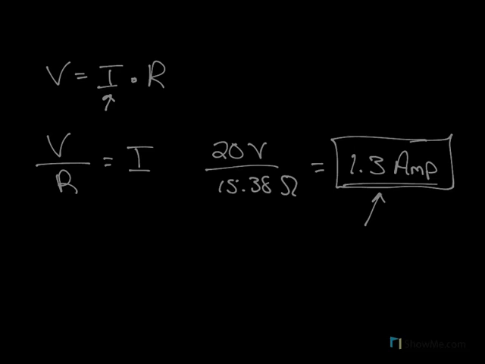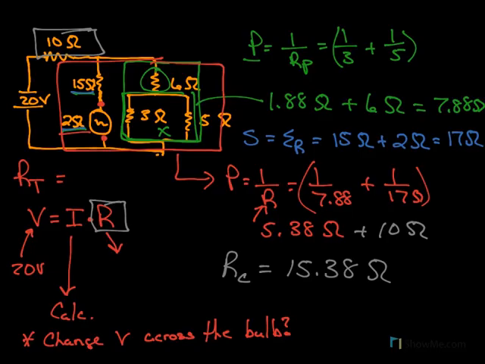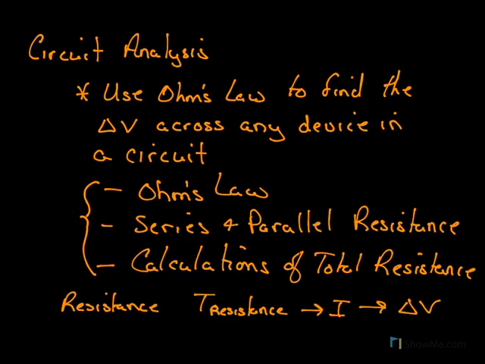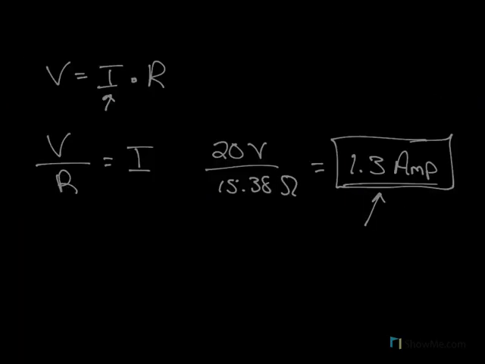What we want to do is find how much that pressure, or how much the voltage, changes across some device. So if I look back here and I was talking about our bulb, which happens to be a 2 ohm bulb, then I could say the change in voltage equals the current times the resistance.